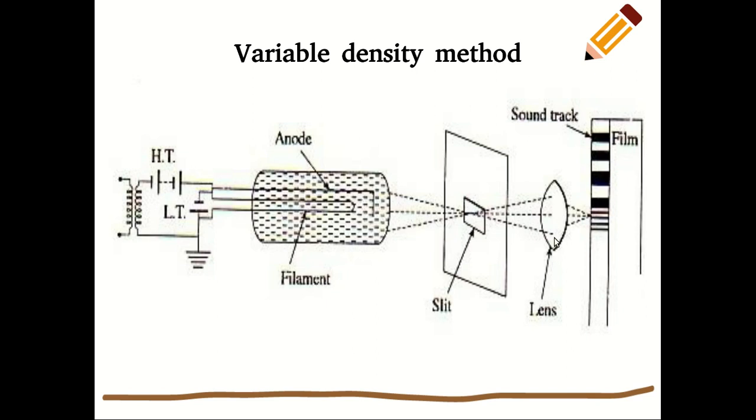And this focused light falls on a moving photographic film where the image is recorded because there is some photosensitive material. So an image will be recorded on the film in the form of bars of varying density and varying distance. So the information in the form of audio signals is stored on the photographic film in this variable density method.